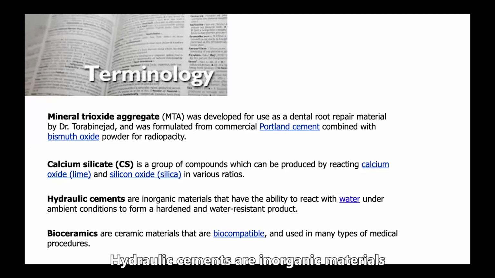Hydraulic cements are inorganic materials that have the ability to react with water under ambient conditions to form a hardened and water-resistant product. Bioceramics are ceramic materials that are biocompatible and used in many types of medical procedures.